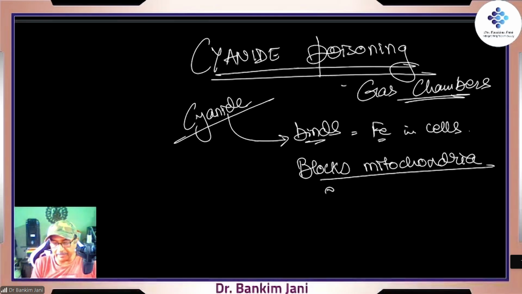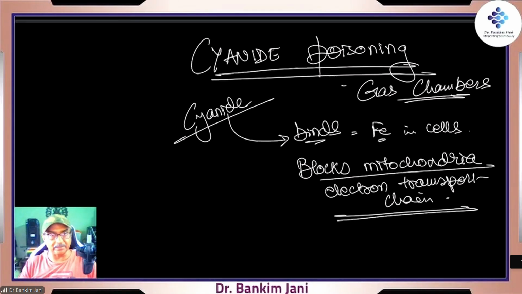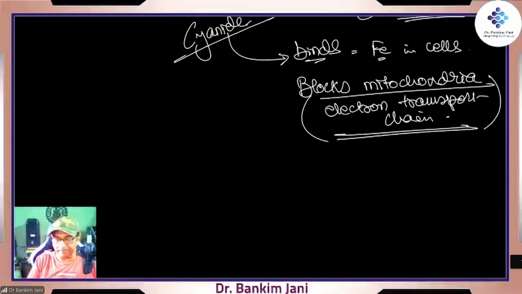To be very specific, it is the electron transport chain, which tells how the electrons are transported, and that's how the mitochondria function. When this stops, what would happen?